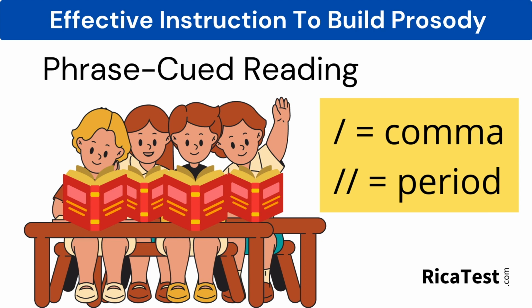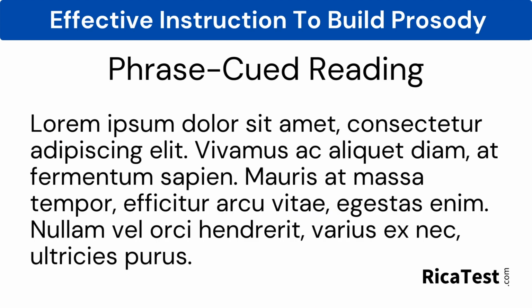Now, what sets phrase cued reading apart from simply reading the same text together is that the teacher has pre-marked the passage that will be read with either one forward slash, which signifies a comma, or two forward slashes, which signifies a period or a full stop. Let's look at an example using a sample text. Here we have the full sample text.